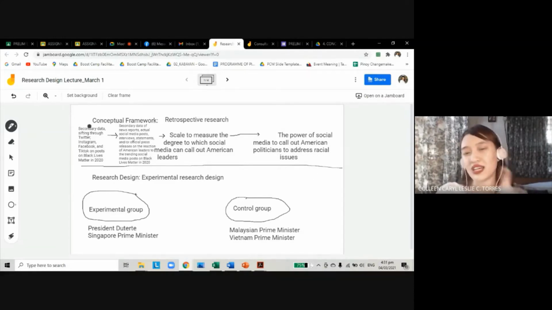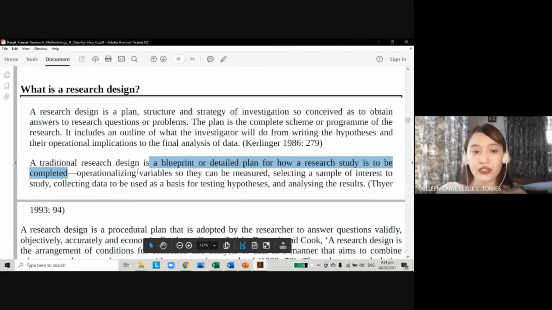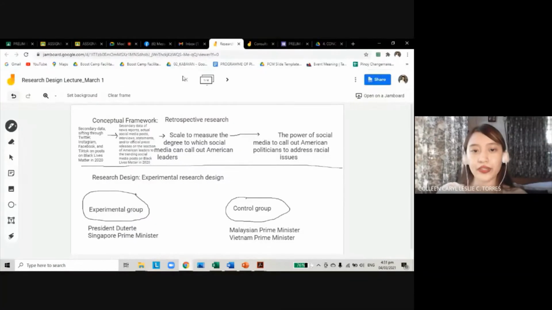So this is a rough conceptual framework, and in doing so, we are able to arrive at the design now, which is a retrospective design. I think this is relatively simple. So yes, a retrospective research design. Let's just write the word design there.